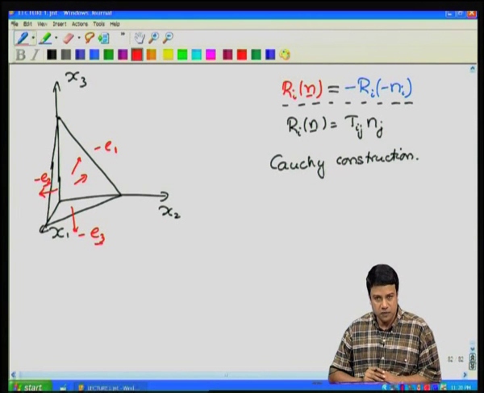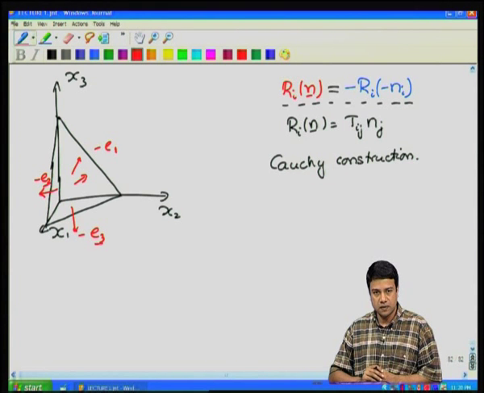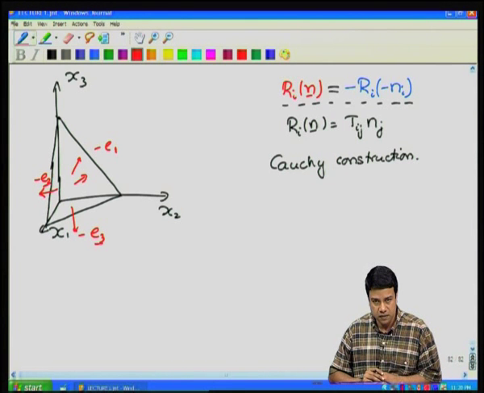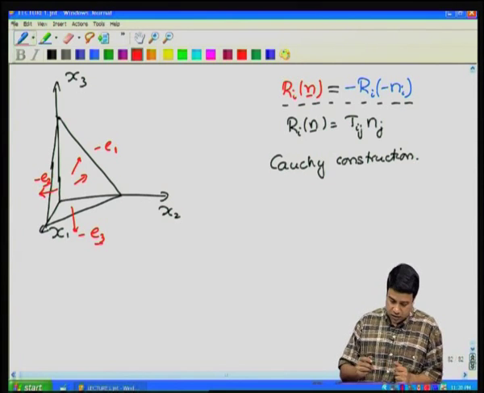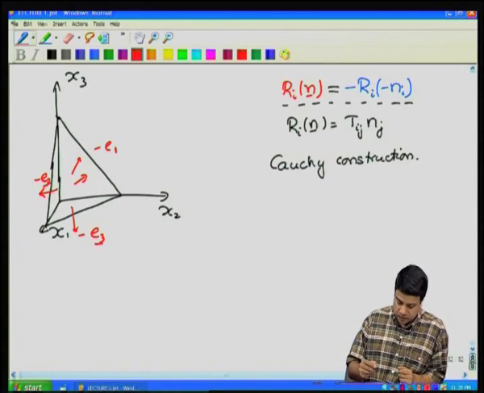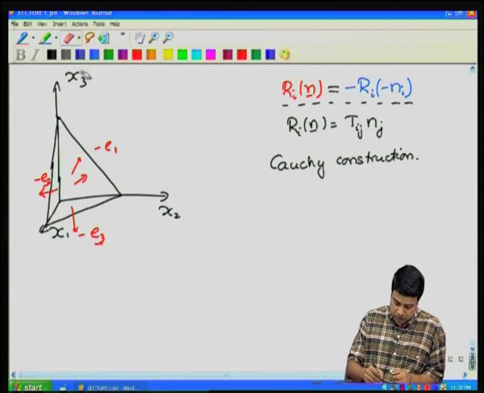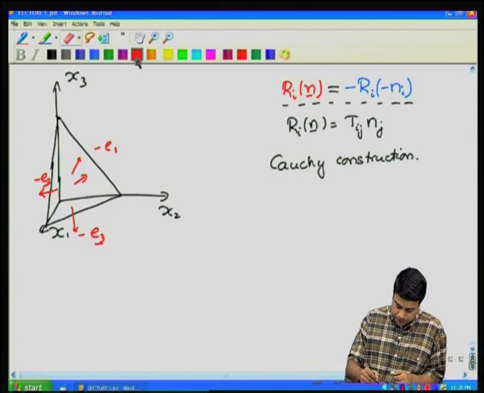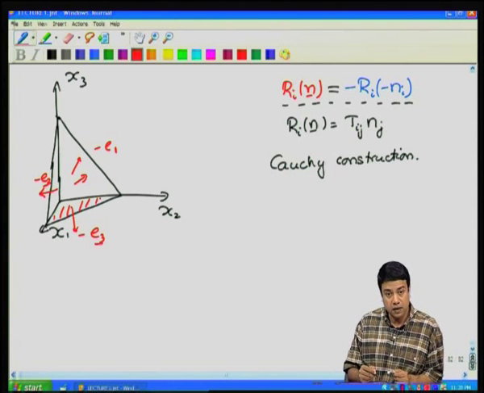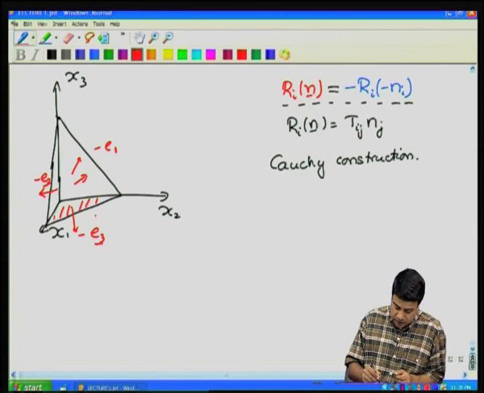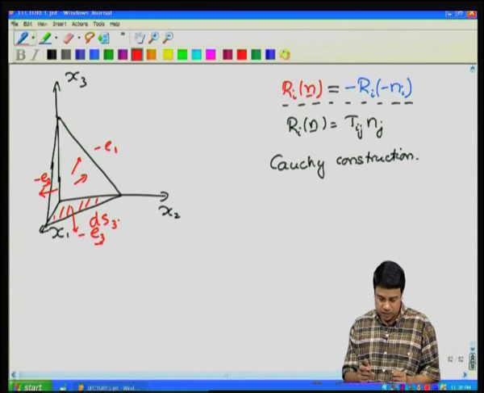So, what is the net force due to these surface forces on all of these 4 surfaces? Let me first write down the total areas that are perpendicular to each of these. I will call the area in the x1, x2 plane ds3 because it is perpendicular to the x3 direction.